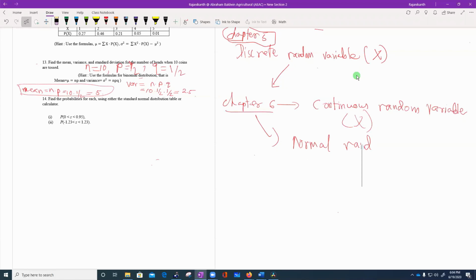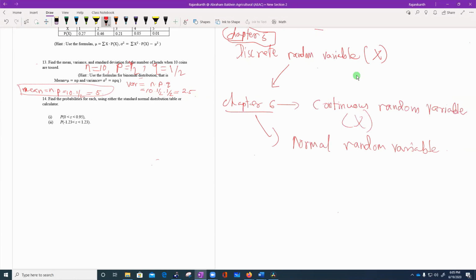A normal random variable is a continuous random variable, right? For example, suppose you want to measure somebody's height. Height may be any decimal value, infinitely many values you may take, right, for the height, or even for the scores.